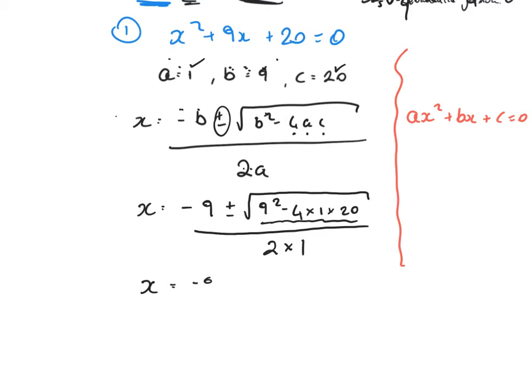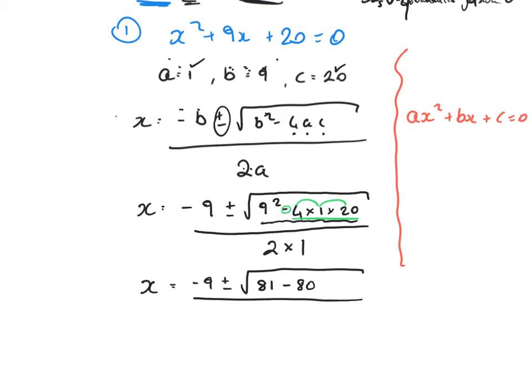So we've got minus 9 plus or minus, okay, so in here let's take our time. 9 squared, that's 81, minus 4 times 1 times 20. Well, let's put that together, that's quite easy. 4 times 1 is 4, 4 times 20 is 80, and we've got the minus in front, so that's minus 80.